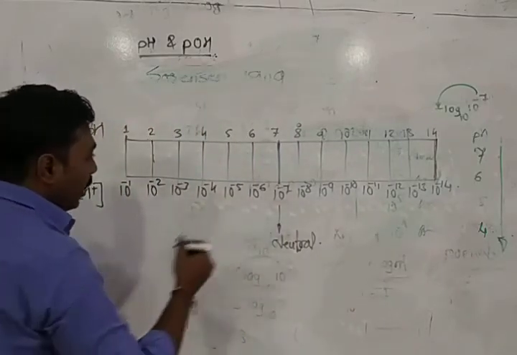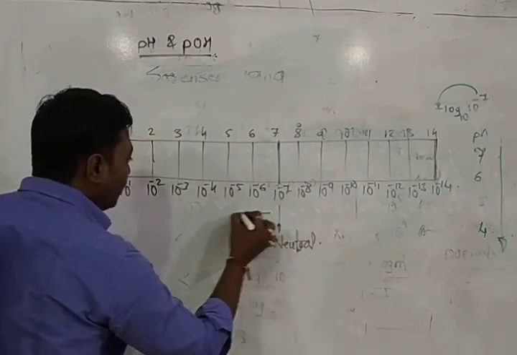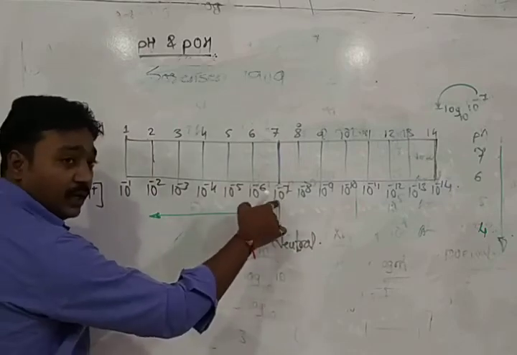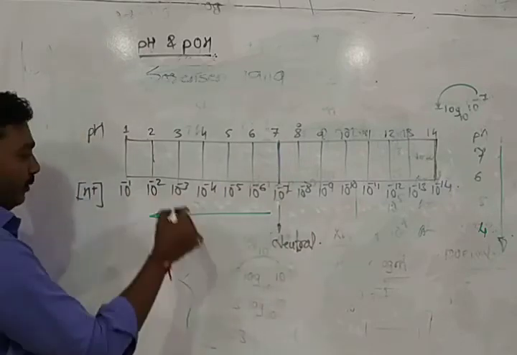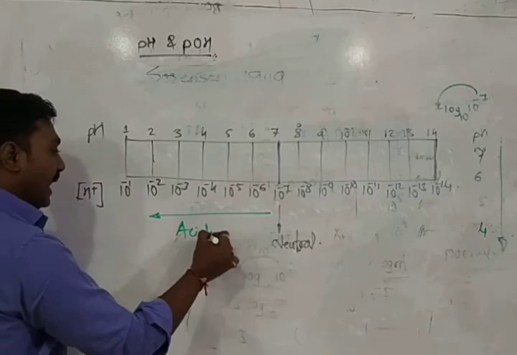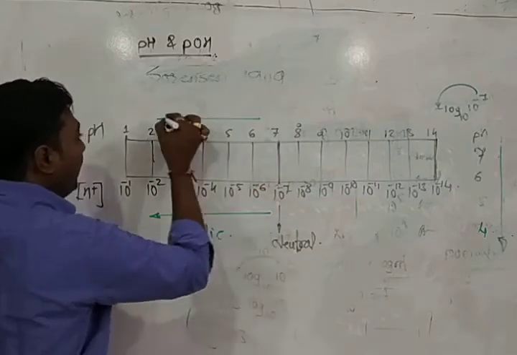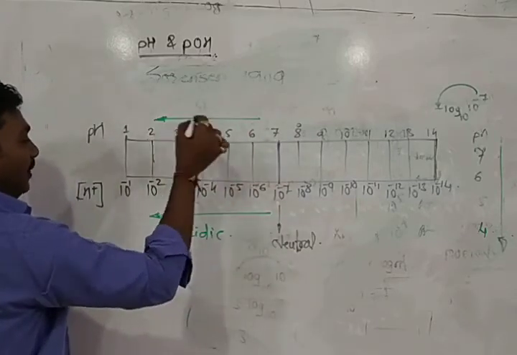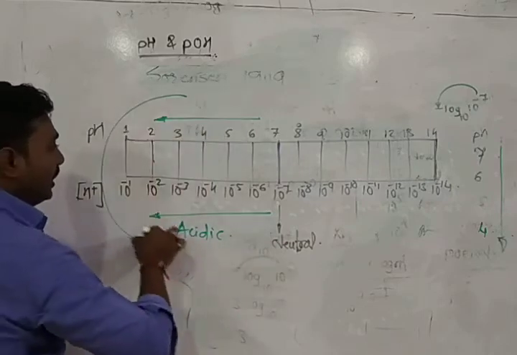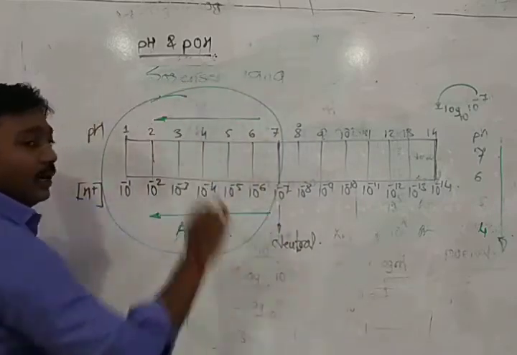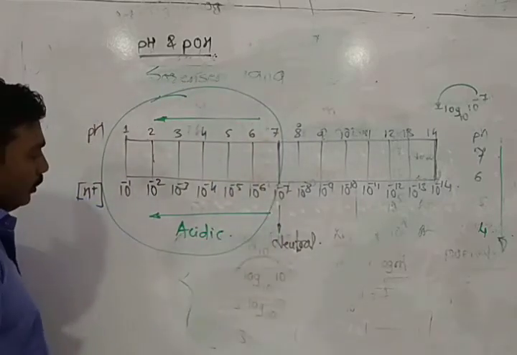Now, if the concentration of H plus is greater than 10 to the power minus 7, the solution will be acidic, and the pH will be less than 7. Both conditions are satisfied for an acidic solution.